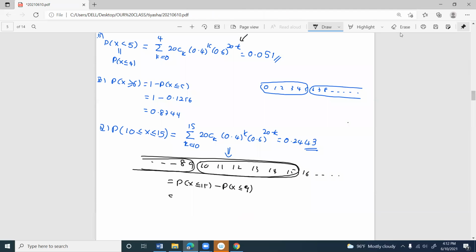Summation X goes from 0 to 15, 20 C x, 0.4 to the power x, 0.6 to the power 20 minus x, minus summation X goes from 0 to 9, 20 C x, 0.4 to the power x, 0.6 to the power 20 minus x. You can get this answer in this way, right?